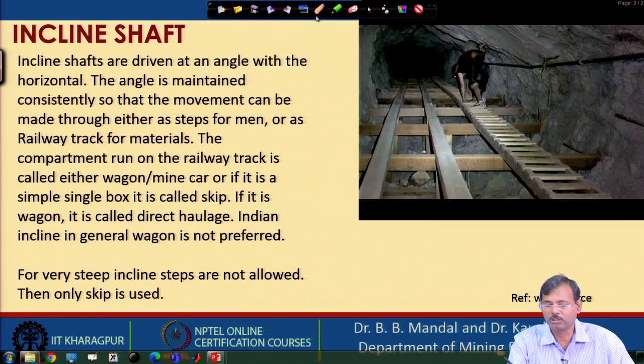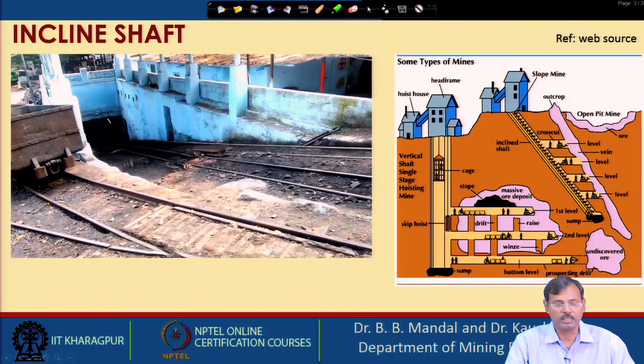You can see this consistent angle is maintained, and the excavation is carried out, so that the rails can be properly positioned, and on the side a walking ramp or walking steps can be provided.